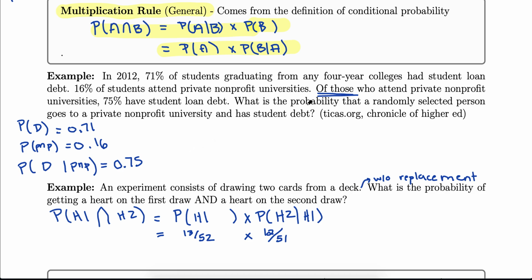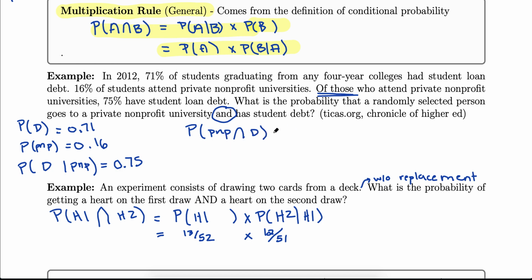So our question is, what's the probability a randomly selected person goes to private nonprofit and has student loan debt? Take a second and write the question down in probability notation. And then hopefully you have something like this: private nonprofit and debt.